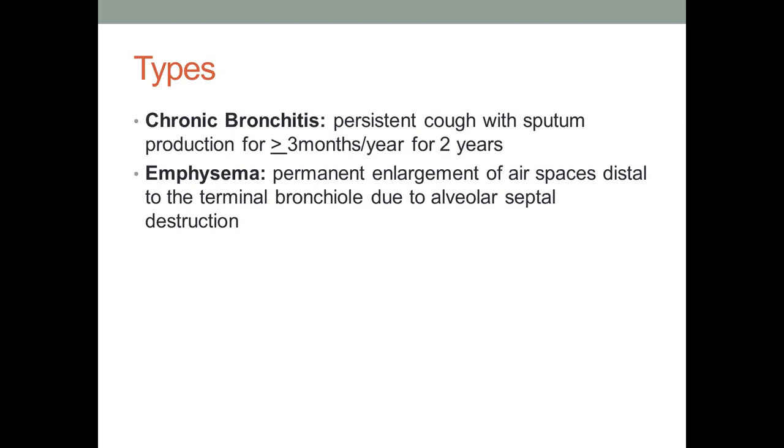Chronic bronchitis is defined as persistent cough with sputum production for 3 months per year for 2 years consecutively.